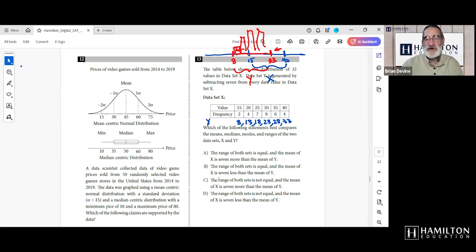So the range of both sets are equal, which means it's not C nor D. And the mean and median of Y would be 7 less than the mean and median of X. So we should have the mean of X is 7 more than the mean of Y, which gives us A as the best choice and the correct answer.